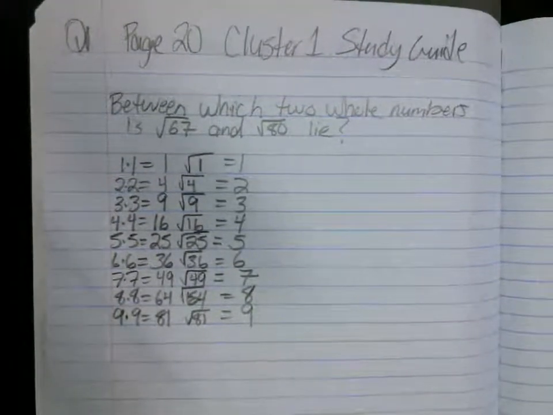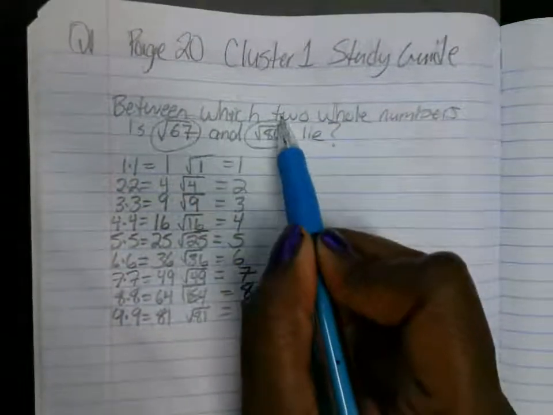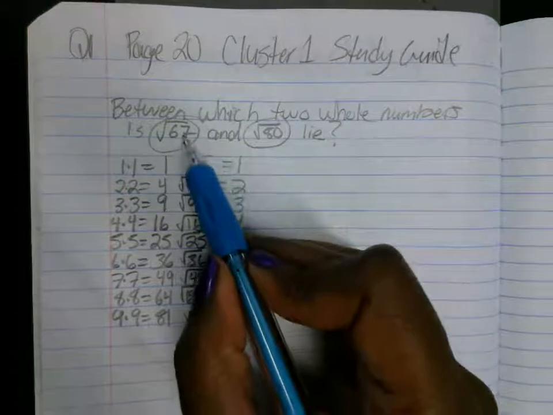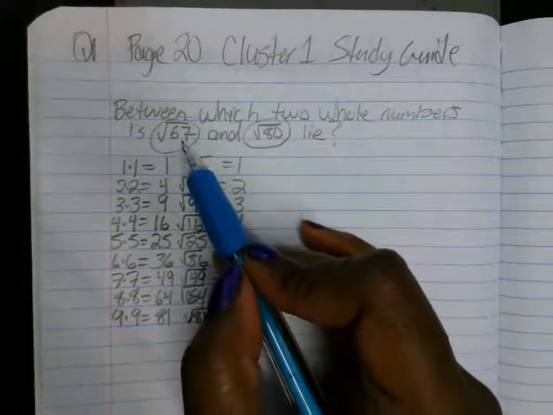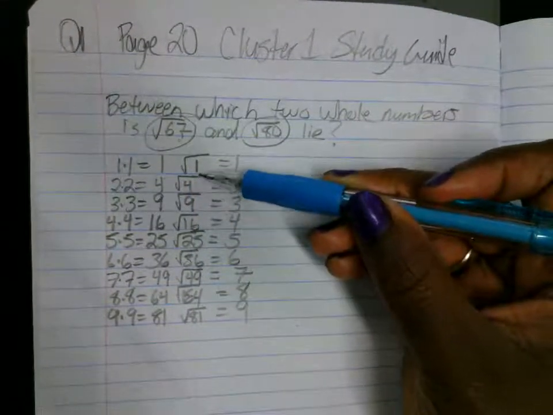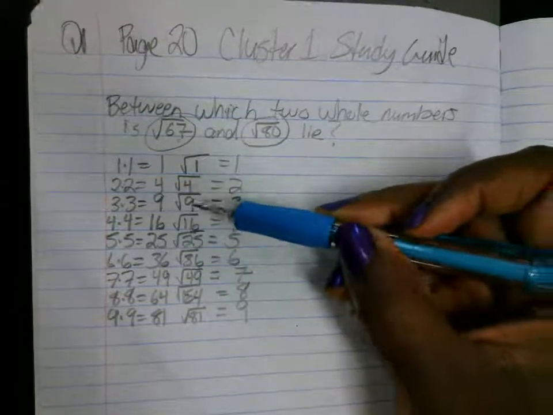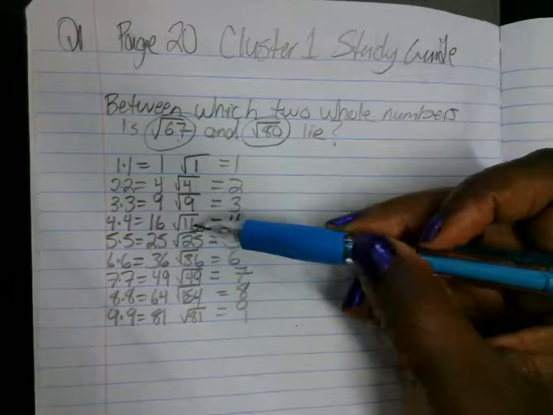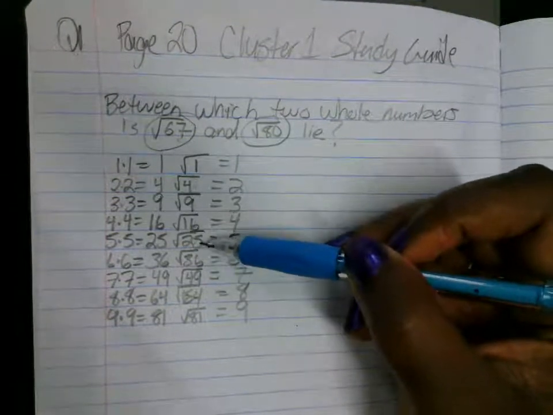All right, so look, we're trying to figure out what two whole numbers they are in between. So let's look for 67 first. 67 is not between these perfect squares. It's not between 1 and 4, not between 4 and 9, not between 9 and 16. It's not between 16 and 25, not between 25 and 36.